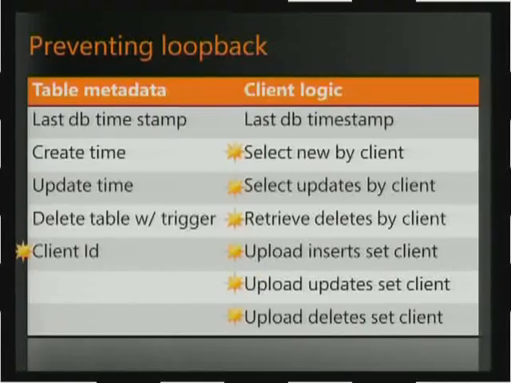And so what we do is we add this idea of a client ID. What a client ID does is it allows me to see the changes that originated from me so that I don't download them again when I select from the server. So really all we're going to end up doing is, in our upload inserts, our upload updates, and our upload deletes, I'm going to set some sort of a client bit that lets me know where the change originated from.